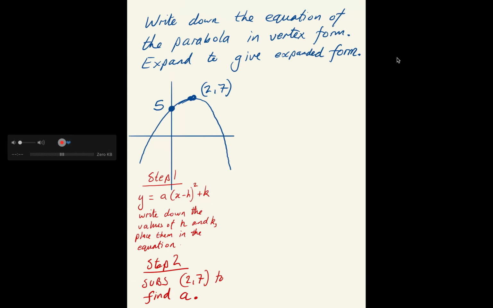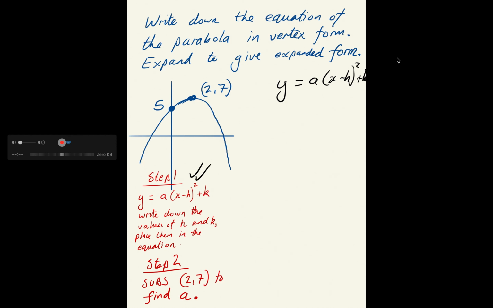We've got 2 more questions left, and now this is actually going the other way. This is given the picture, how do we write down the equation? And we're going to write down the equation in vertex form because we're given the coordinates of the vertex, so that kind of makes sense. So step 1, read in here. Let's write down y equals a(x minus h) squared plus k.